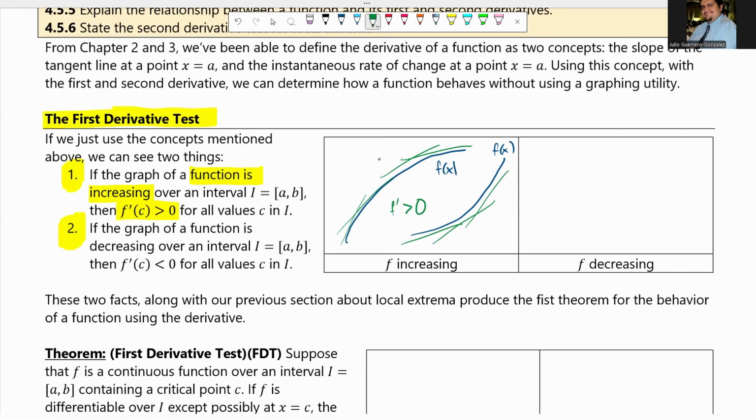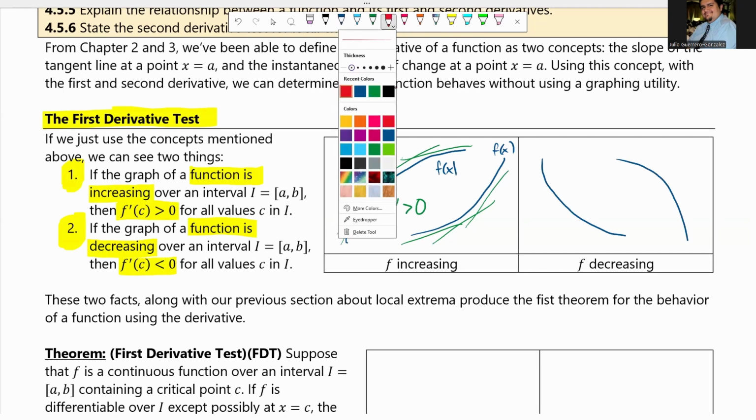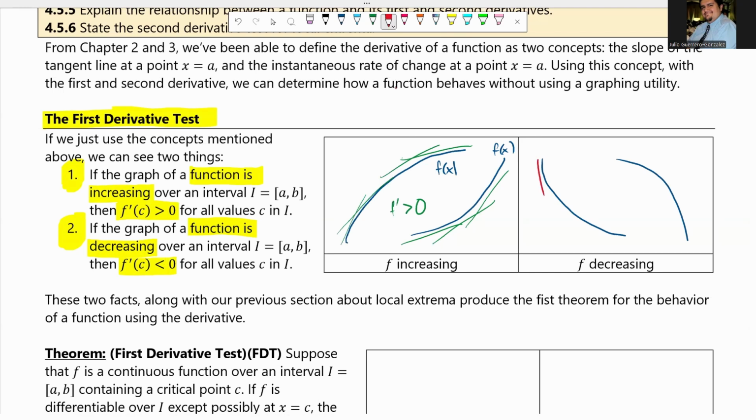Okay. The reverse is also pretty easy to understand. If your function is decreasing, then the first derivative at those values is going to be less than 0. Again, it doesn't matter how it's decreasing. It can be decreasing like this, or it can be decreasing a lot sharper. If you take a look at all the tangent lines, those tangent lines are negative.